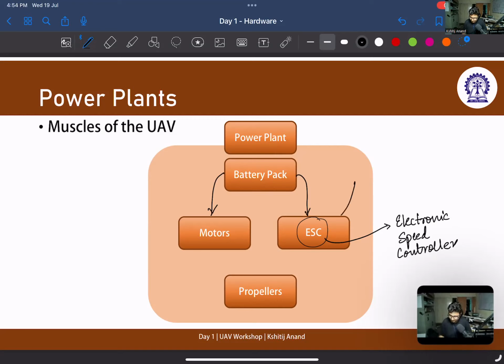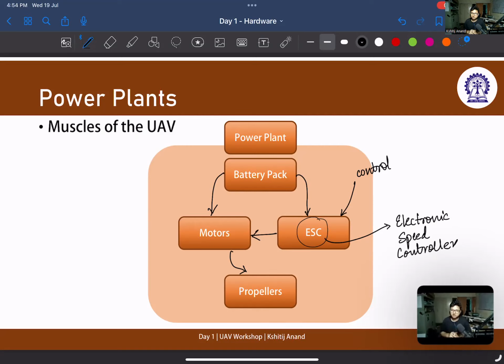The electronic speed controller is going to receive control signals from your manual transmitter or your autopilot. It is going to feed signals into the motors, and it is going to run the propellers, which is in turn going to produce thrust and make the aircraft go forward.